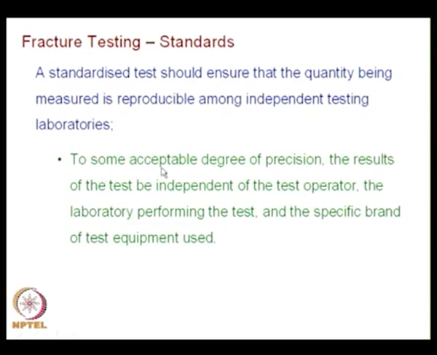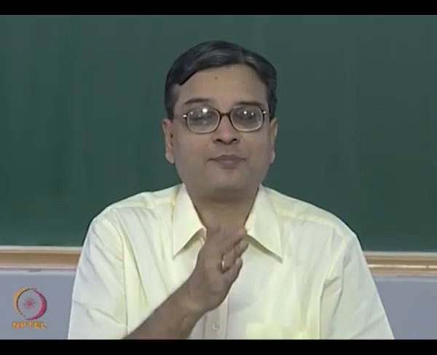It should be reproducible to some acceptable degree of precision. The results of the test should be independent of the test operator, the laboratory performing the test, and the specific brand of test equipment used. This is also very important. You can't say if you have to do a fracture test, you have to buy a machine only from one source. You can't have a monopoly. So, when I develop a standard, the procedure should be well established.